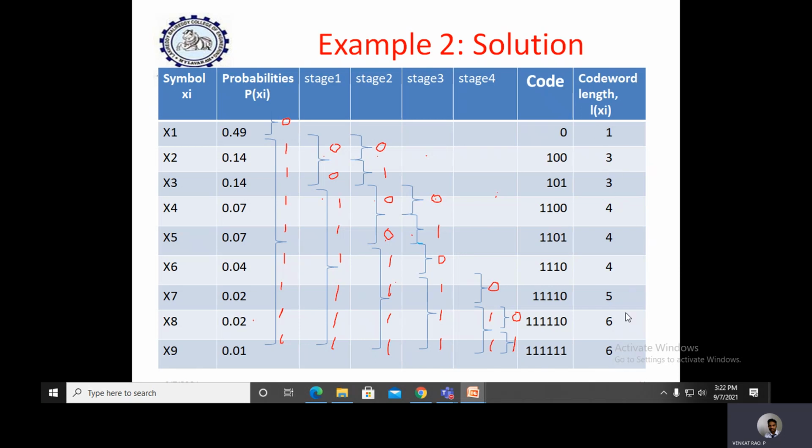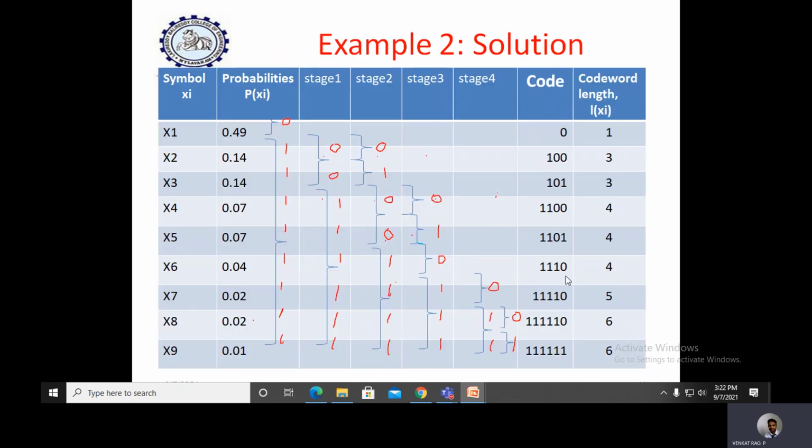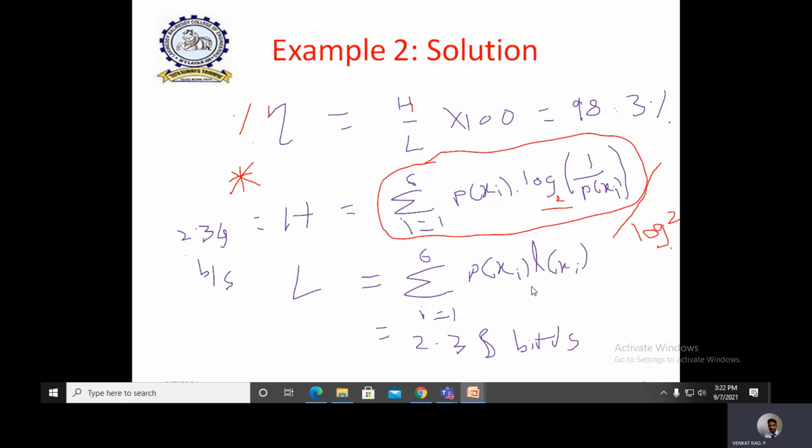To calculate the average number of bits, the formula is the summation of P of xi into L of xi. Very simple, multiply these two: 0.49 into 1 plus 0.14 into 3 plus 0.14 into 3 plus 0.07 into 4, and so on. When you do that, we get a value in bits, that is 2.38 bits in this example.